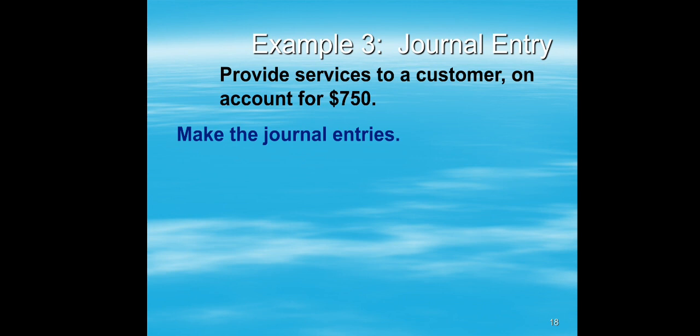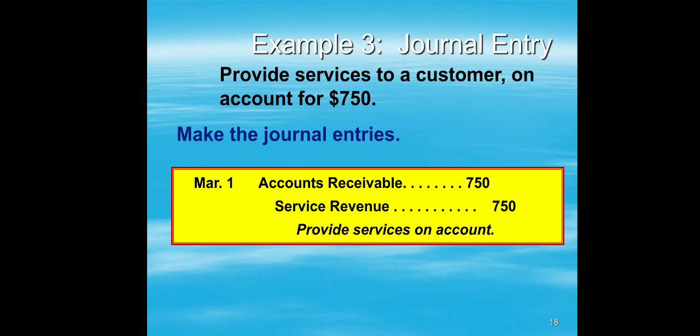Okay, now you know that there are two effects. First, revenue increases 750. Second, asset accounts receivable increases by 750. So how to do the record? When the accounts receivable asset increases 750, you have to debit the account.